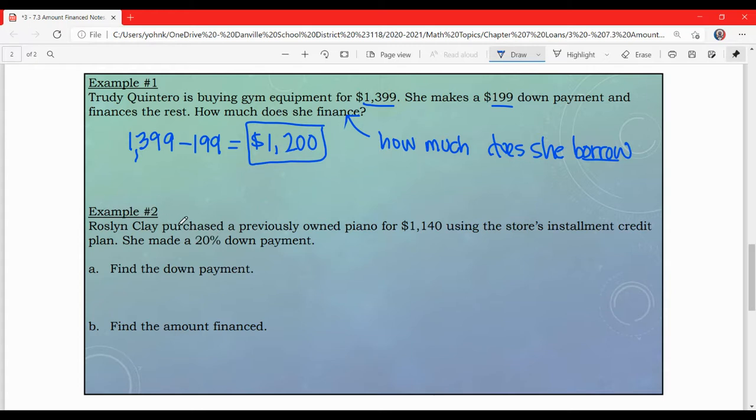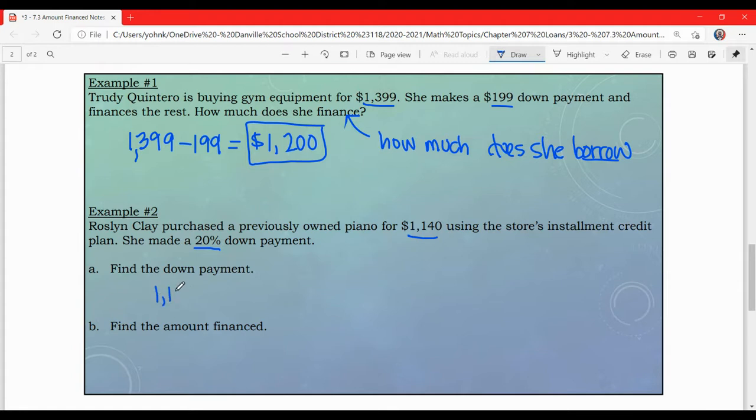Okay, number two, Rosalind Clay purchased a previously owned piano for $1,140 using the store's installment credit plan. She made a 20% down payment. Find the down payment. All I have to do is take the price and multiply it by the 20%.